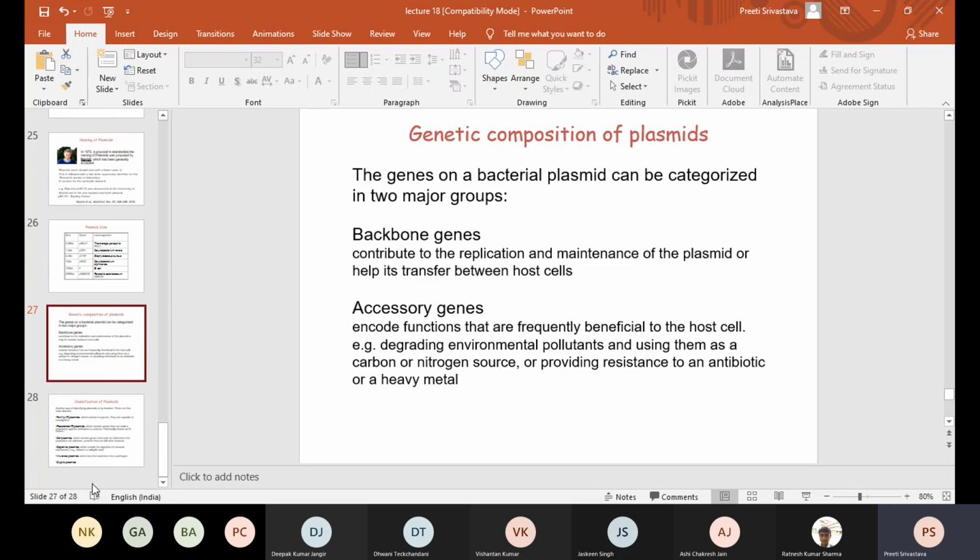And then the genetic composition of the plasmids. Plasmids carry two types of genes, backbone genes and accessory genes. Backbone genes are the genes which contribute to replication and maintenance of the plasmid, and accessory genes are the genes which encode some function which provides an added advantage to the host cell, for example survivability under a polluted environment, heavy metal contamination or antibiotic contamination.